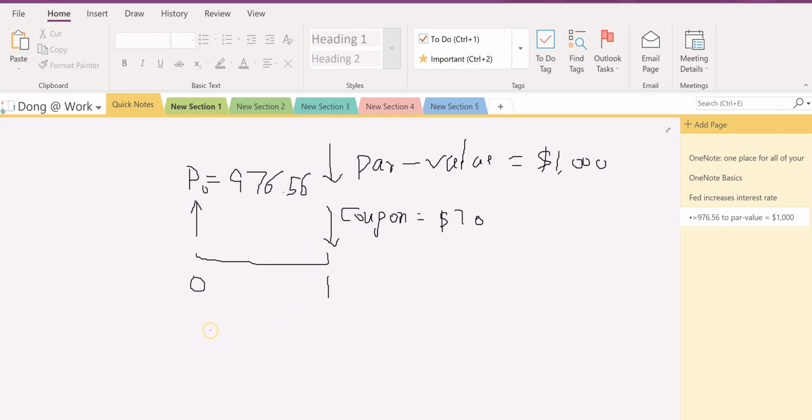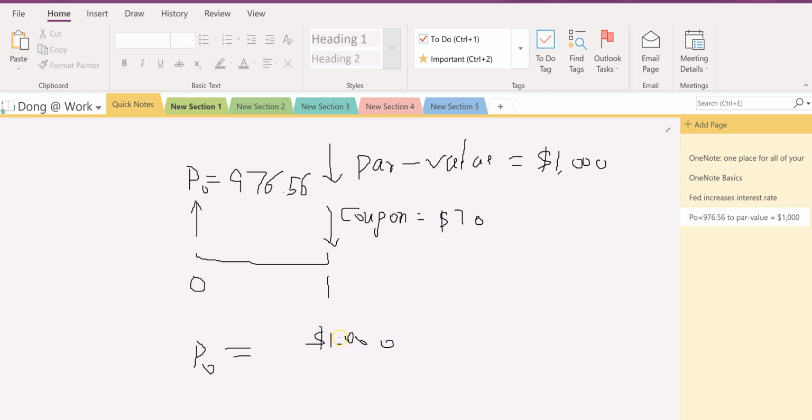The meaning of the yield is that it makes the price equal to the present value of all future cash flows. So writing that down as a mathematical expression, the price equals the present value of all future cash flows. So the face value, in this case 1,000. All future cash flows means the face value plus the coupon.